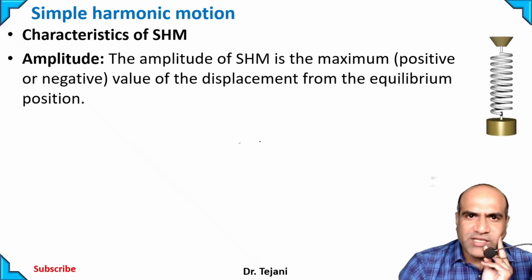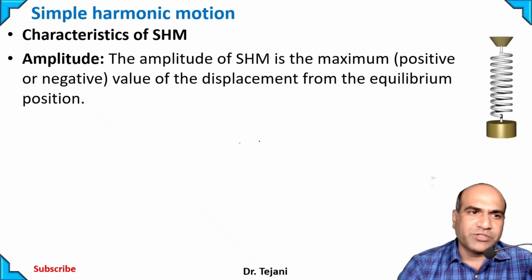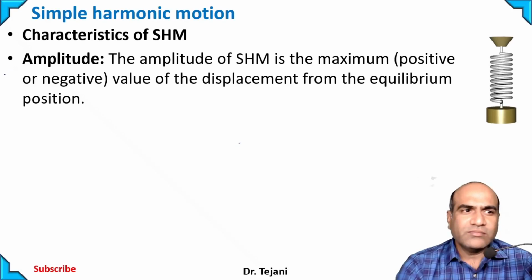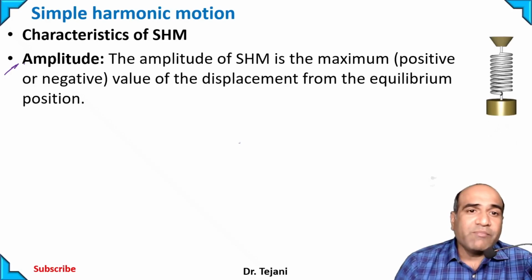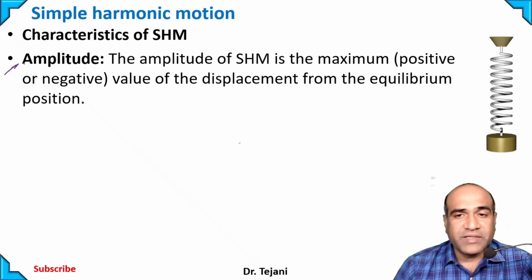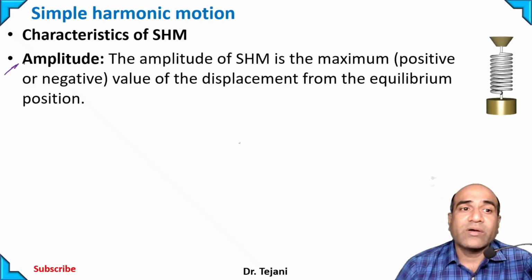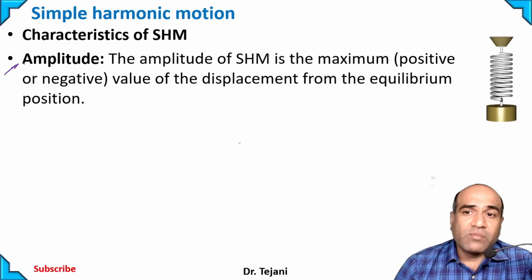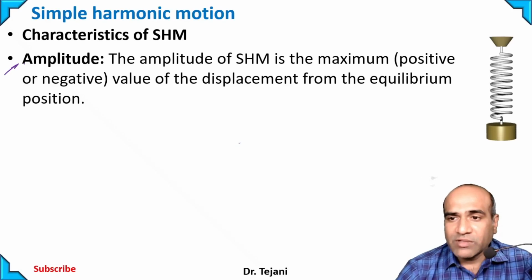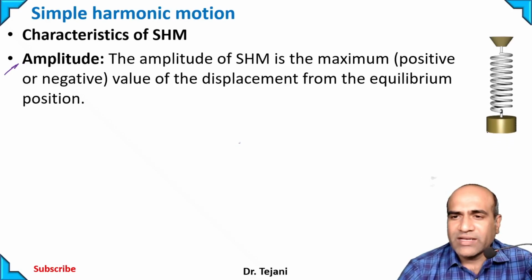More characteristics of simple harmonic motion. First is amplitude. Amplitude of simple harmonic motion is the maximum positive or negative value of displacement from the equilibrium position. Say for example, you can see this body continuously moving up and down.